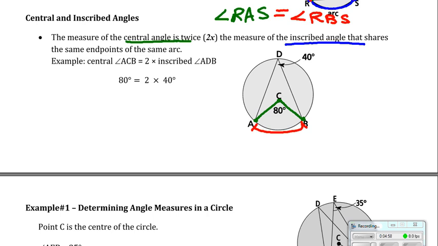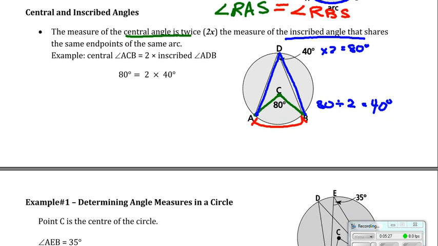So we need to use the same endpoints, the same pizza crust, for an inscribed angle. And so if we start at A, we can go to D and then B. So we have the same arc, and then in central and inscribed. And so what that says is the central angle is 2 times as big as 40. So 40 times 2 is 80, or 80 divided by 2 is 40.